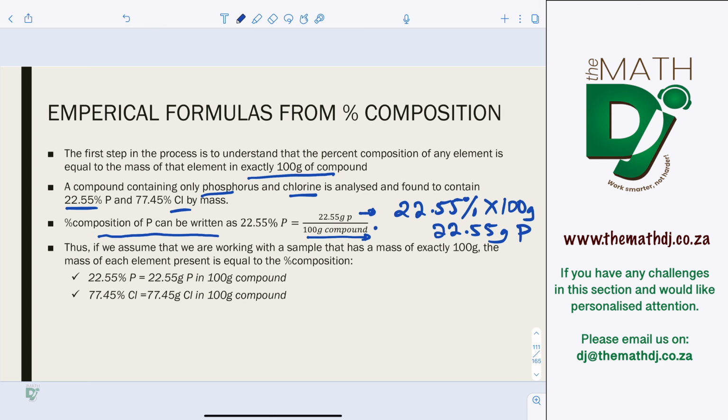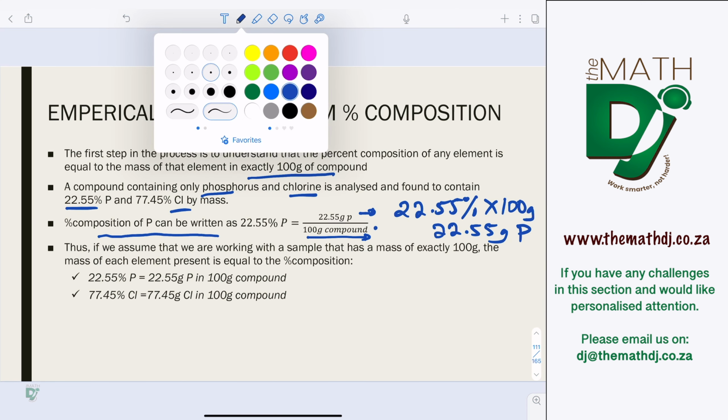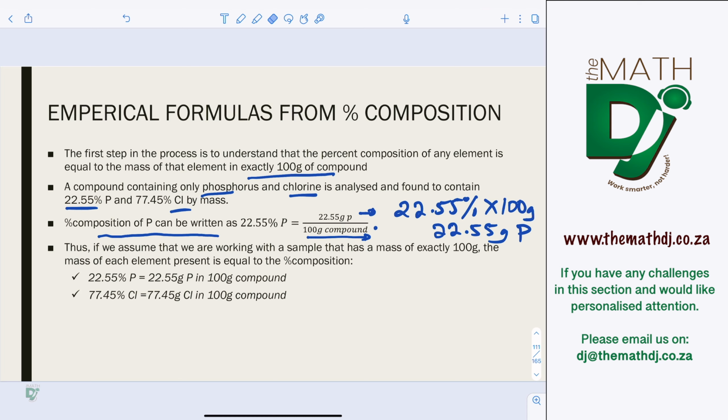So we know that 22.55% converts to 22.55 grams. So this is how we come about it. Thus, if we assume that we are working with a sample that has a mass of exactly 100 grams, the mass of each element present is equal to the percentage composition. So basically that's how we are calculating here.